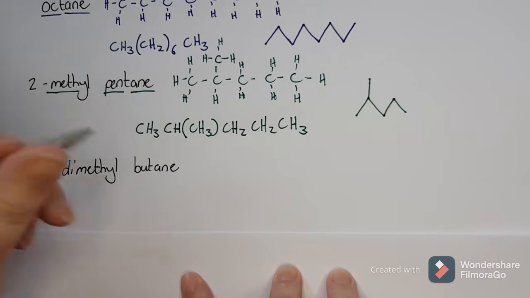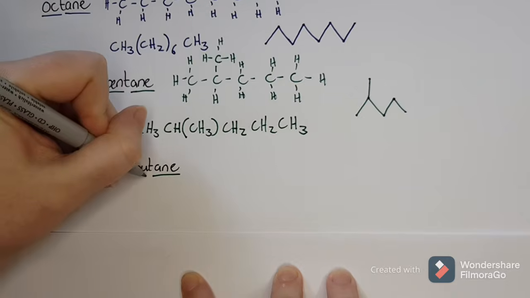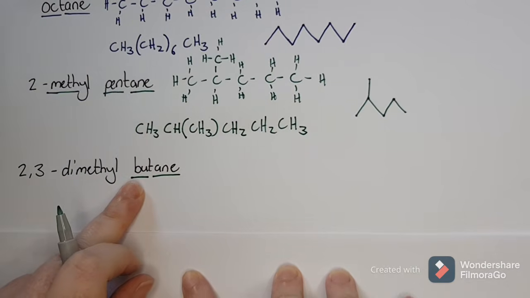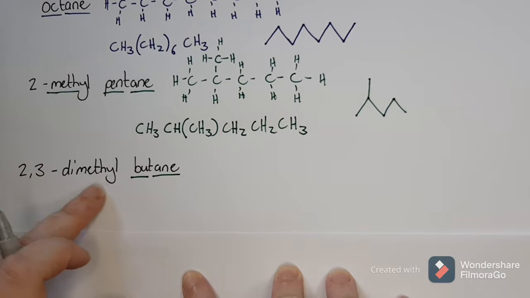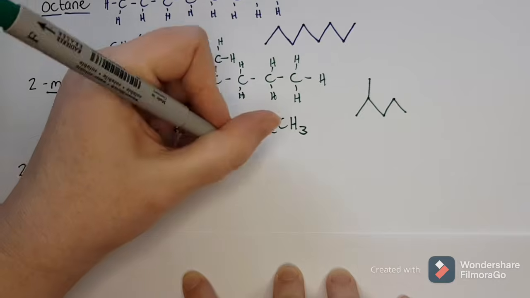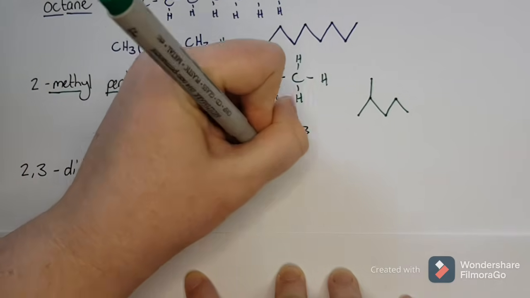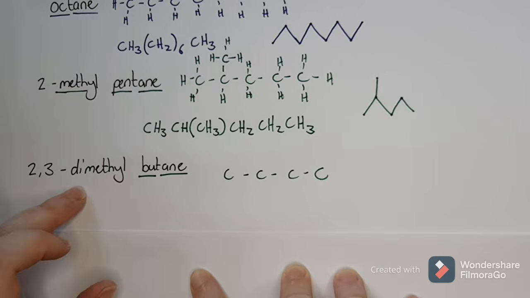same steps. Identify the functional group, alkane. Number of carbons, 4, so it's but. Okay, and then I've got some side chains. So because I know my longest carbon chain, I can just draw them straight in a row first. And then I look at the side chains.